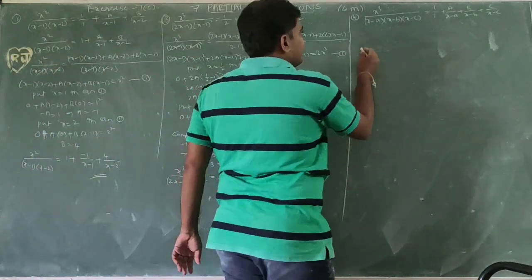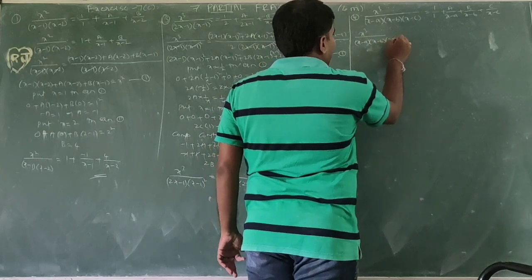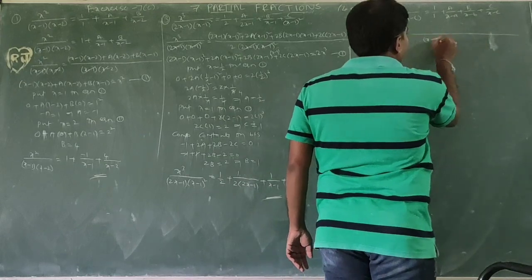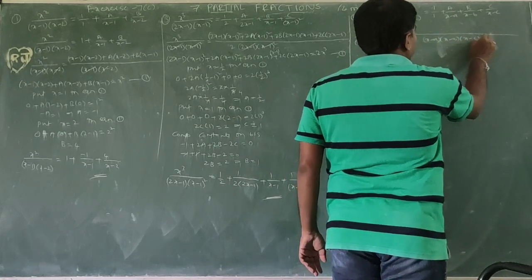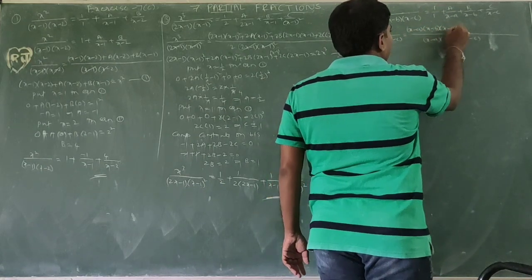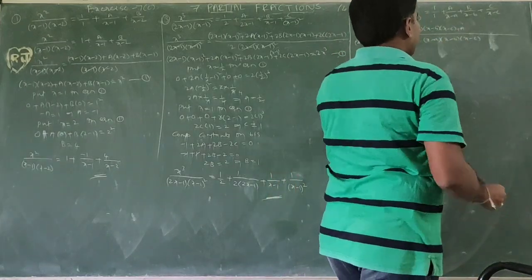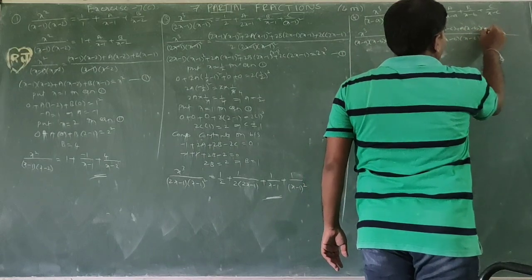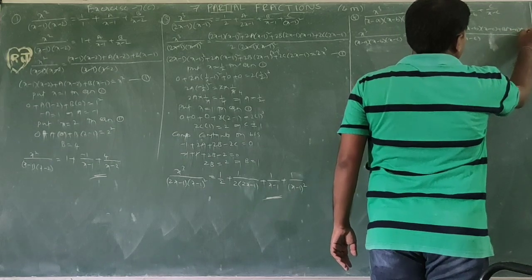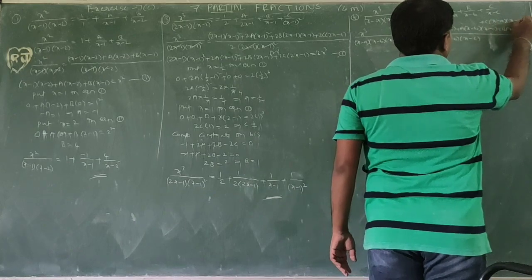Okay, x cube by x minus a of x minus b of x minus c equal to, taking LCM, x minus a, x minus b, x minus c. So since it is 1, x minus a all will come, x minus b, x minus c. Next, plus a of other than x minus a, x minus b, x minus c, plus b other than x minus b, x minus a, x minus c, plus c other than x minus a, x minus b.